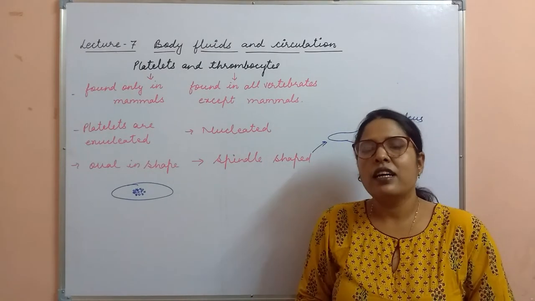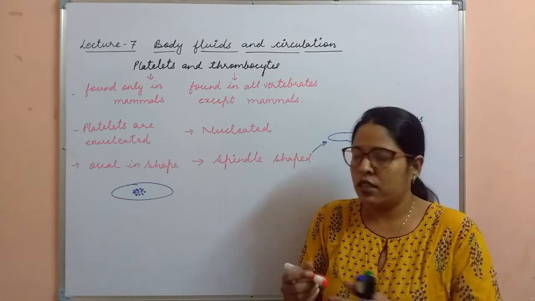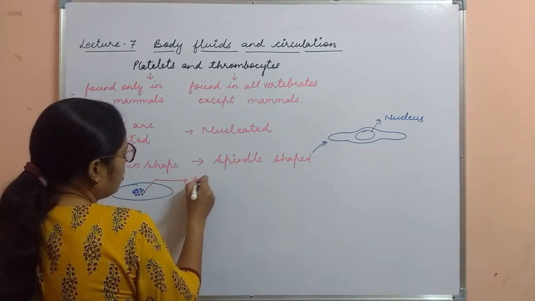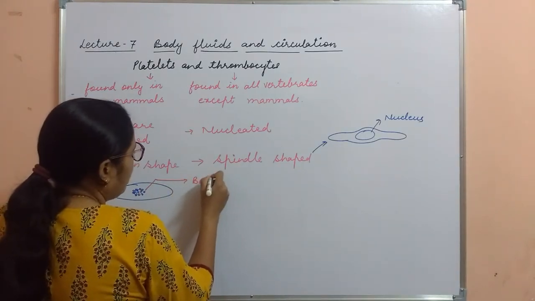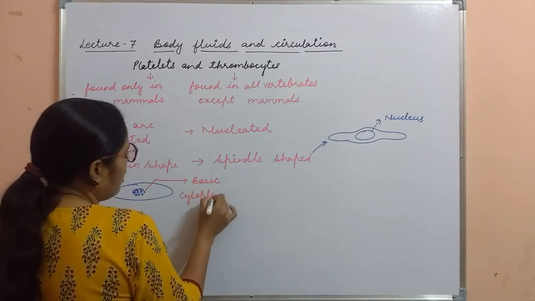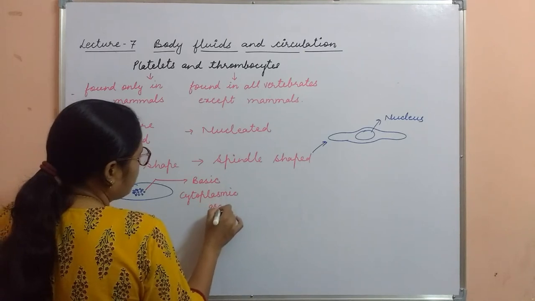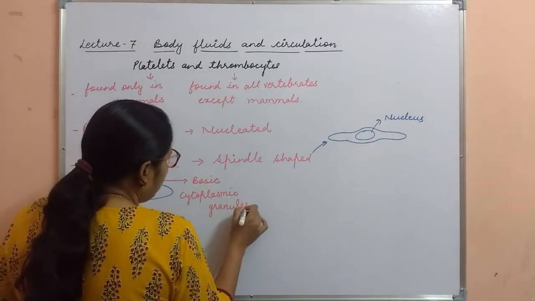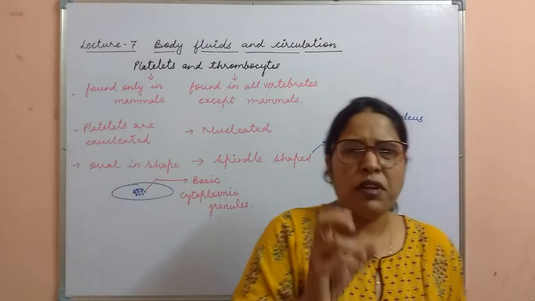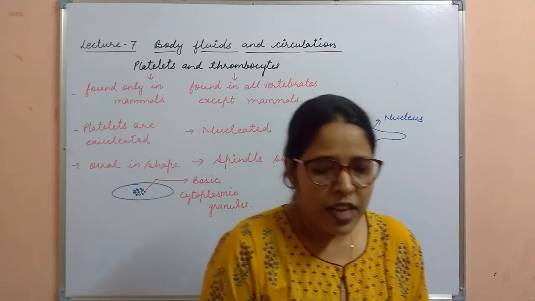It appears like a nucleus, but it is not exactly a nucleus. So these are enucleated, but the basic cytoplasmic granules are present in the center of the platelets. Clear? So these are some differences between the platelets and thrombocytes.